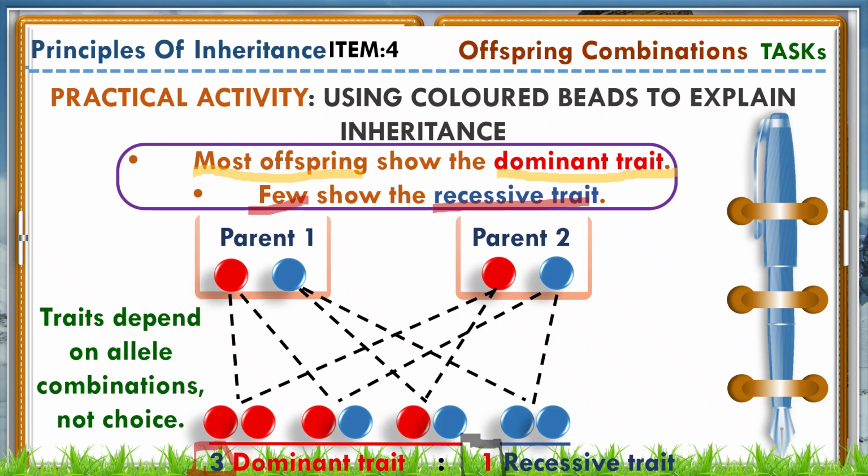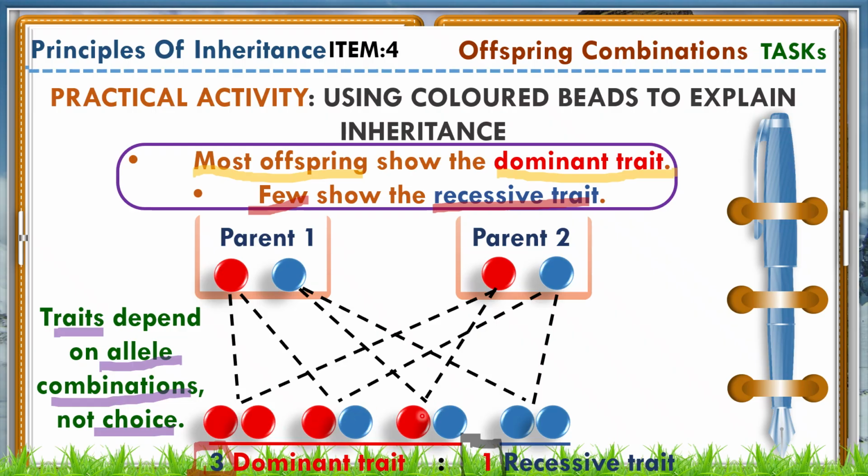Now, the trait depends on allele combinations, not choice. So the type of trait that we are going to get depends on the combination of the alleles, not choice. If the alleles are dominant and dominant, we are going to have a dominant trait.